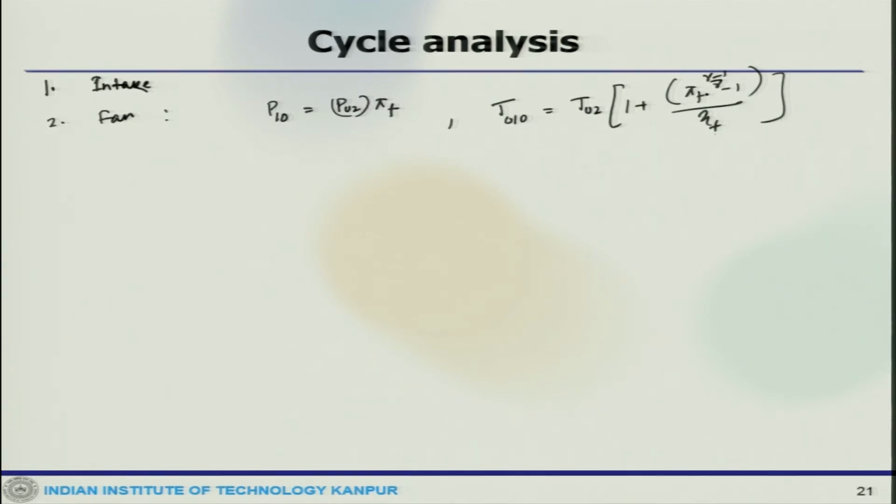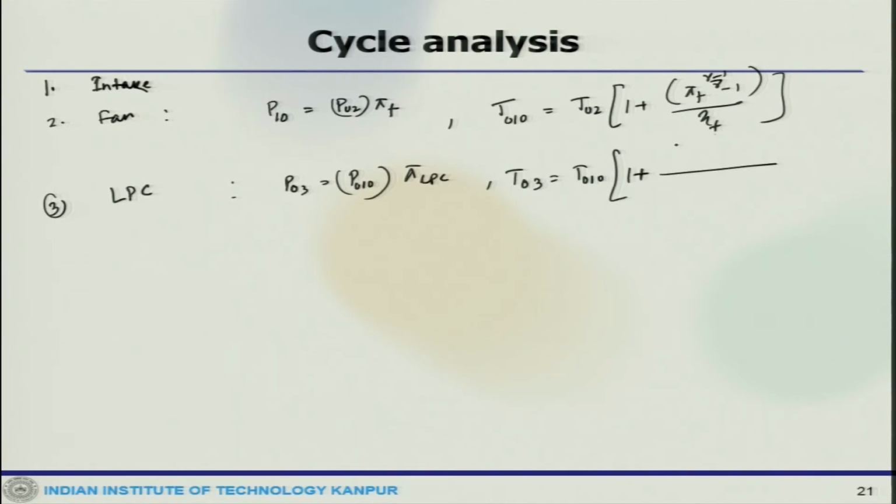Then we have the low pressure compressor. So, P03 would be P010 into pi LPC, and similarly T03 would be T010 times 1 plus pi LPC to the power gamma minus 1 by gamma, divided by eta LPC.